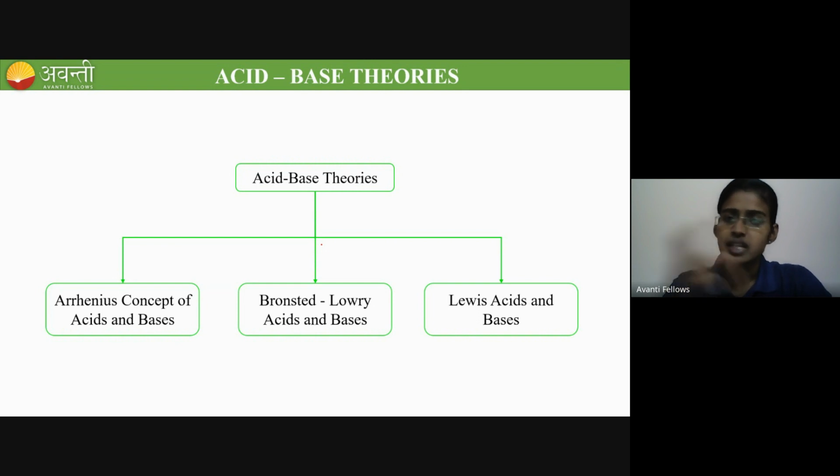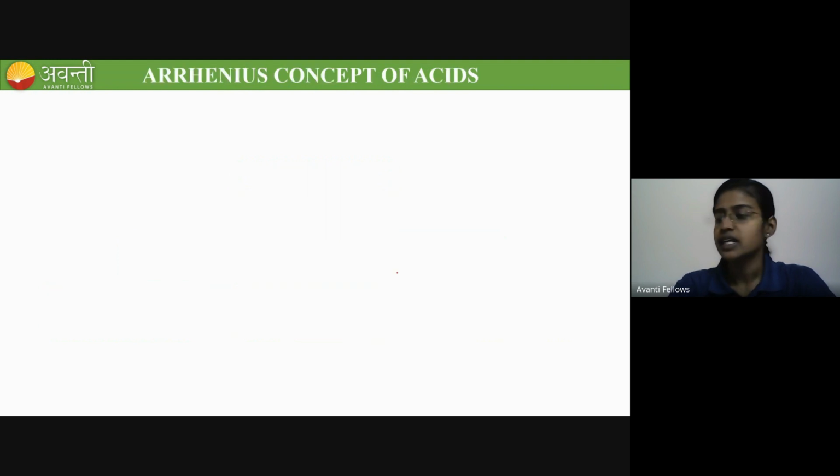These 3 scientists have already given the definitions for acid and base. We are going to learn those definitions according to each person's point of view. So, let's move on to the first concept, the Arrhenius concept of acids and bases.